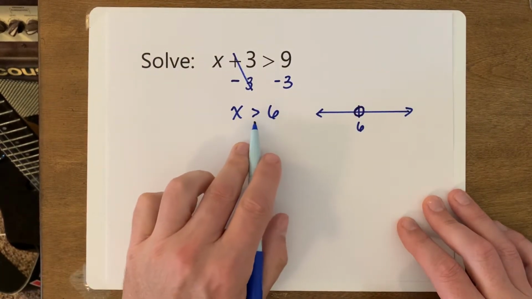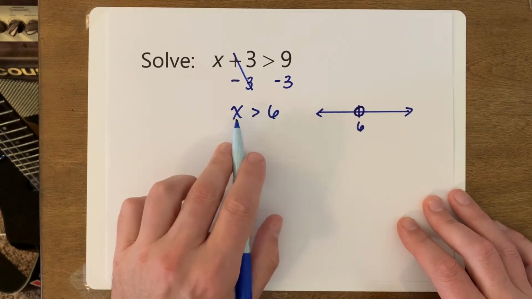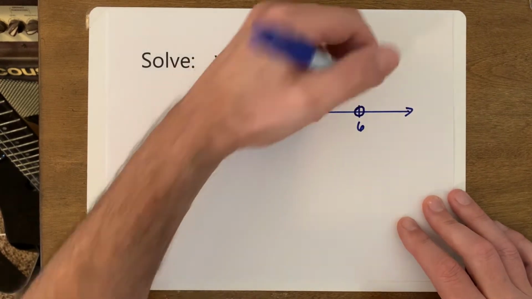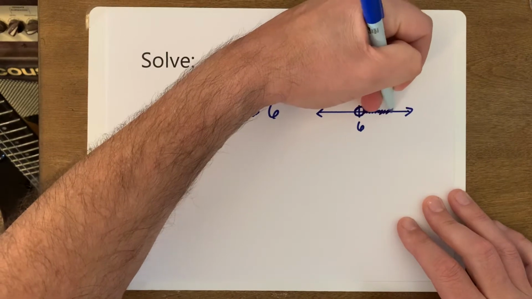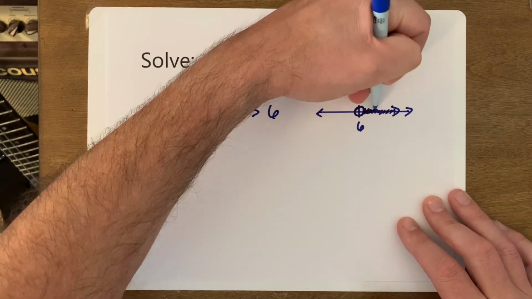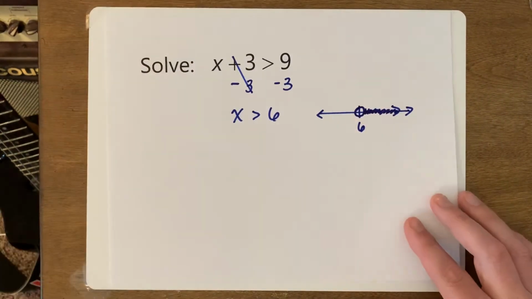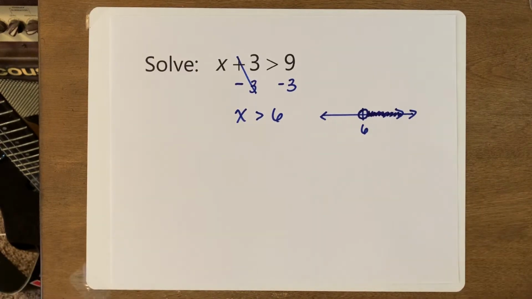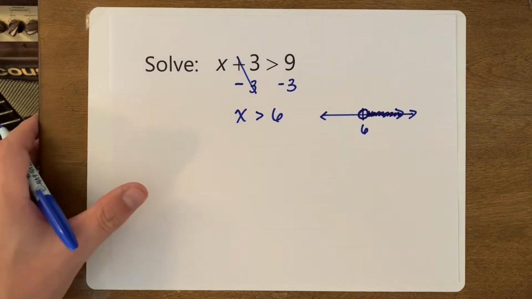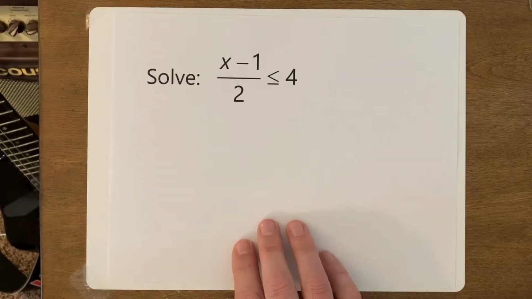It doesn't have a little equals part. And greater than, if the variable's on the left, greater than 6, we would shade everything on this side just like that. Hopefully you guys can see that. And that's what the graph would look like. So each of these I'm going to graph it too when I get done, just so you guys know what the graphs look like. Okay, these are going to work up in difficulty.